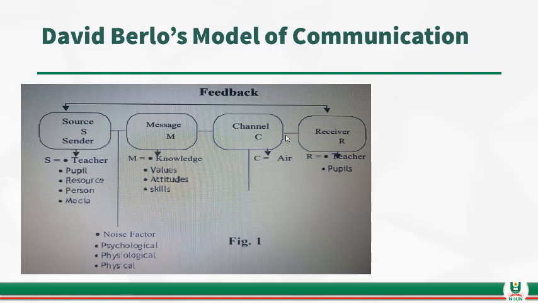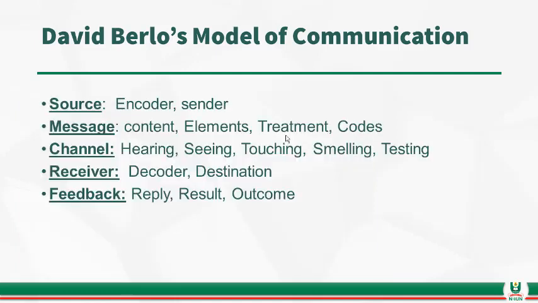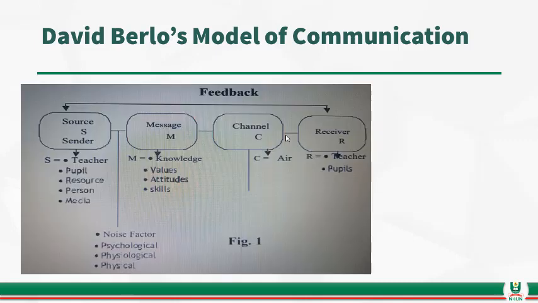So David Berlo has these components of communication in the diagram. We have source, we have message, we have channel, we have the feedback, and then we also, if you remember, we've discussed noise, which are factors that hinder the flow of communication. David Berlo believed that the noise can affect the flow of communication right from the source, before we even get to the message.